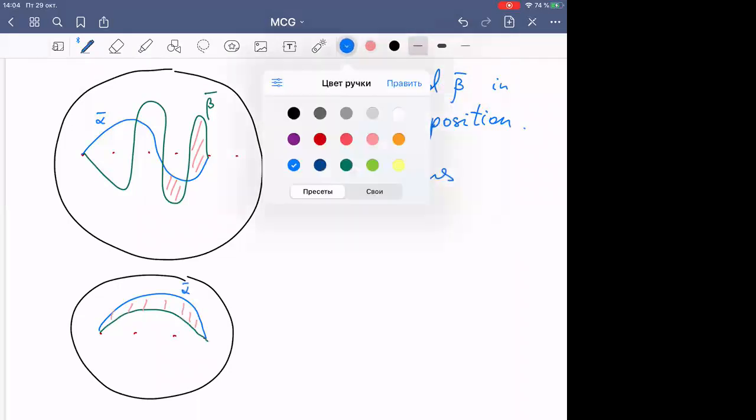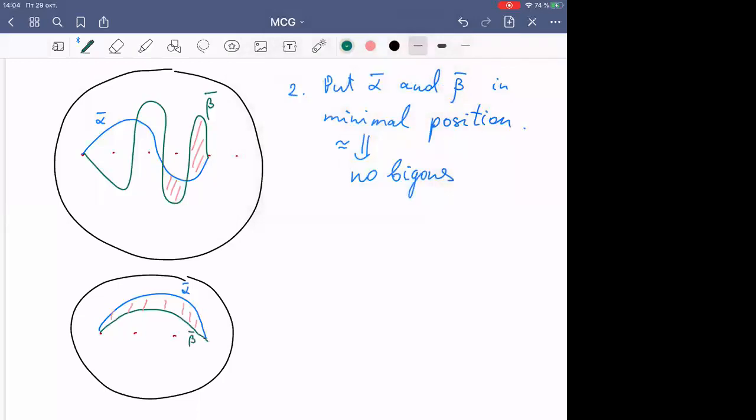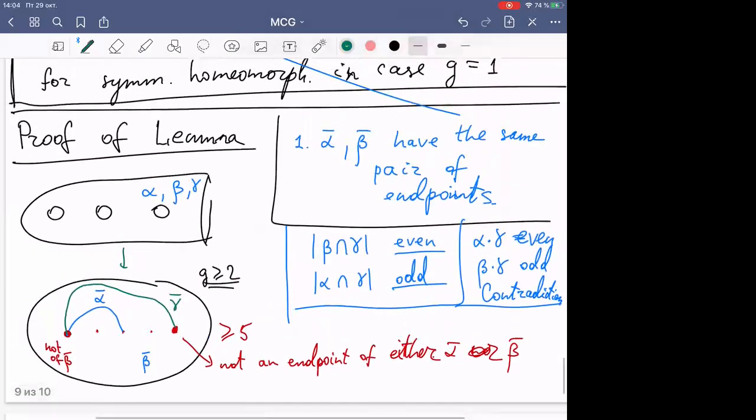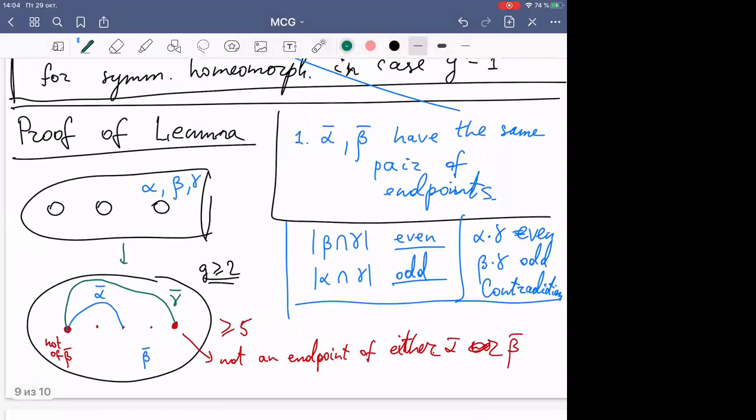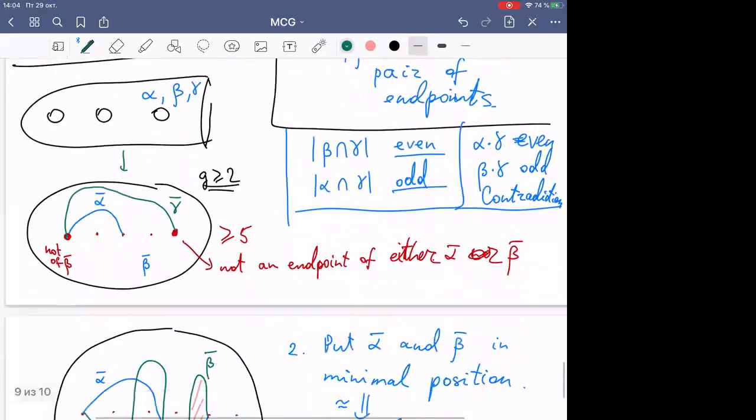Okay, but in this last situation, there is nothing to prove. Note that any isotopy of alpha bar immediately gives a symmetric isotopy of alpha. If we perform an isotopy downstairs, then we get a symmetric isotopy upstairs.